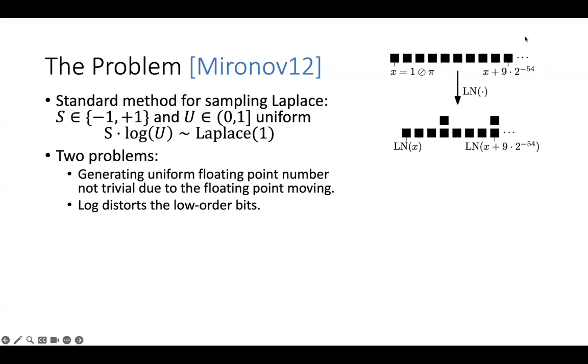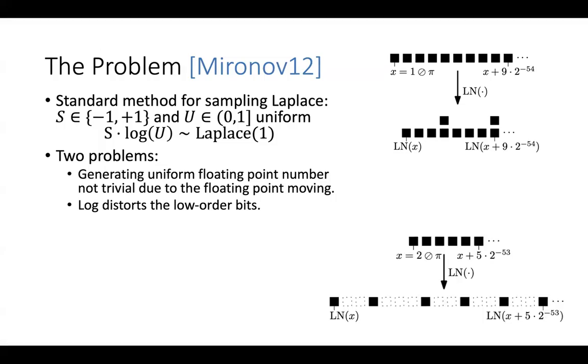And here is a figure from the paper that shows you what the issue is. So you start out with uniformly spaced floating point numbers. That's what you're sampling from U. You take the natural log, and then it's going to bunch them up. So there's going to be different floating point inputs that map to the same output of the log.